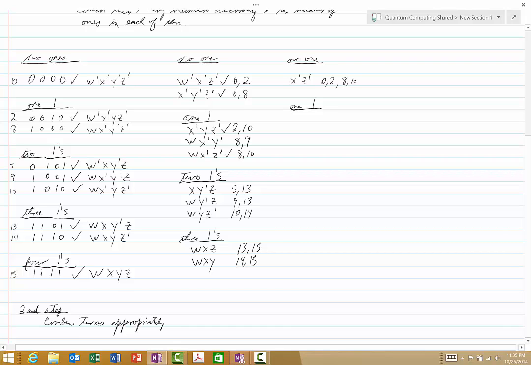Okay, the first one has X, Y, and Z, so it certainly could not combine with either one of these, but what about this one? Well, notice that even though the first term here and the first term here both have X, Y, and Z, they differ in more than one bit. In fact, they differ in every bit, because here we have X prime, here we have X. Here we have Y, here we have Y prime.